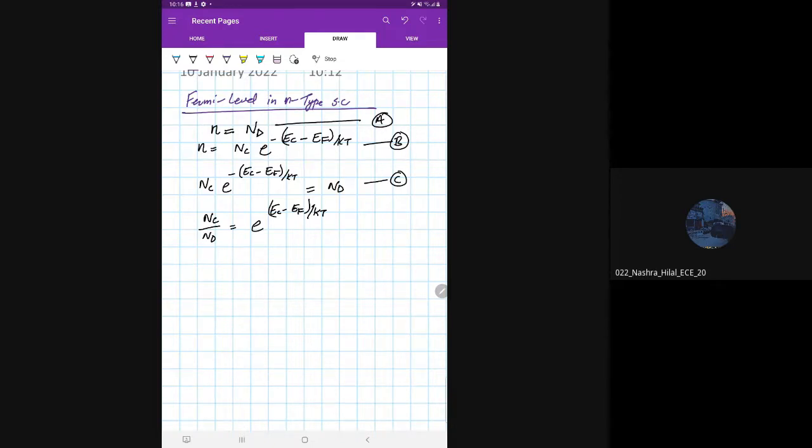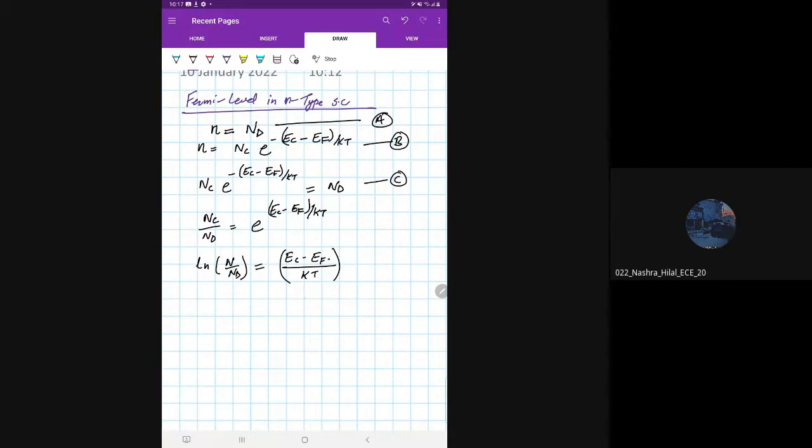Rearranging further, if we take ln on both sides of this equation, on the left-hand side we have natural ln of Nc by Nd, equal to ln of the exponential, which cancels out, leaving Ec minus Ef divided by kT.